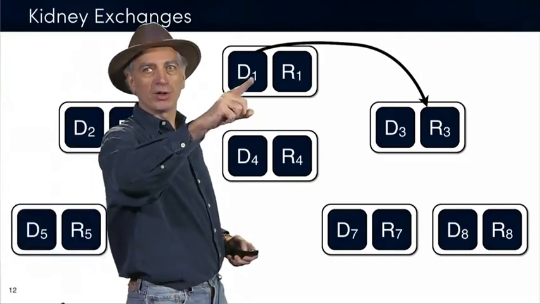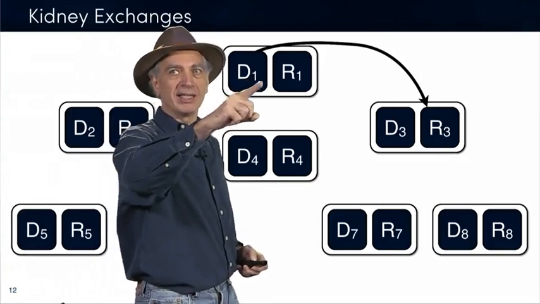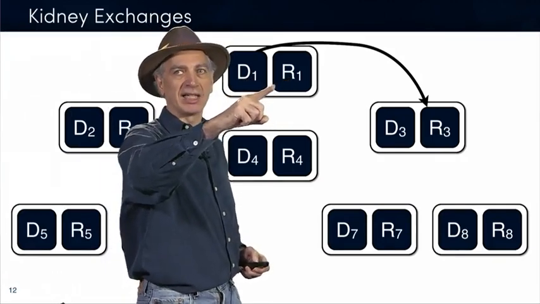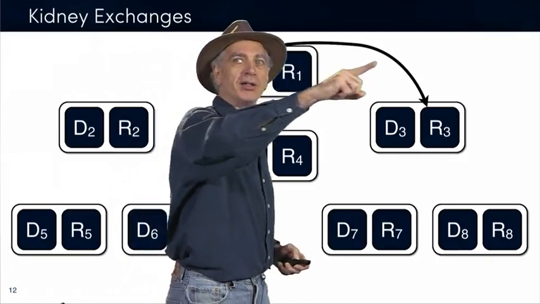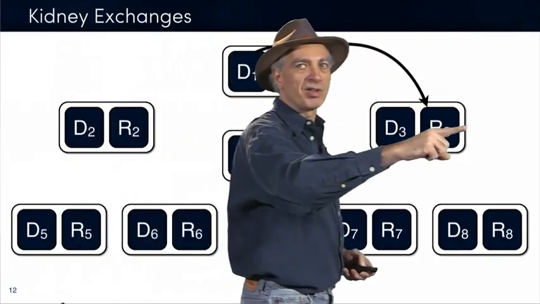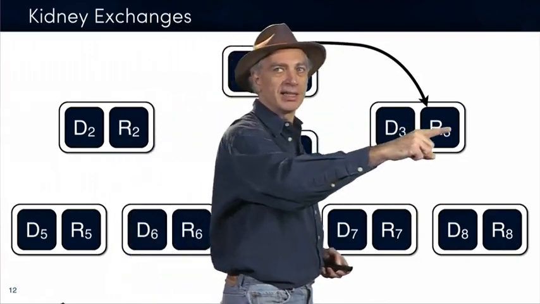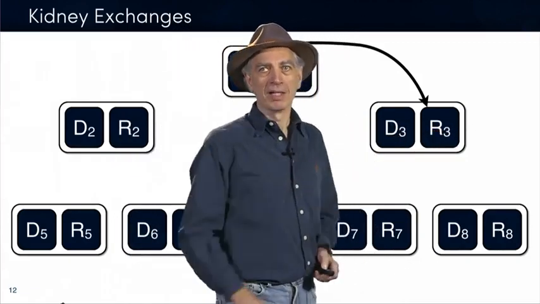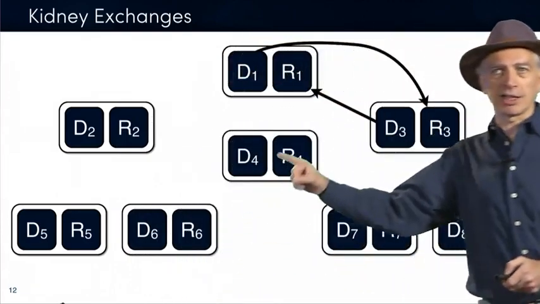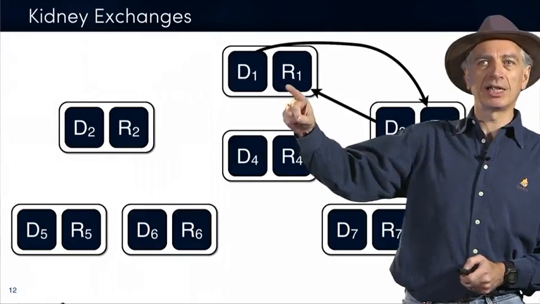Here a donor and a receiver: this person is willing to donate a kidney, and this person needs a kidney. When I have an arrow here, it means that this donor is compatible with that receiver. So this donor can give her kidney to this person. And you're going to see another set of arrows here. This particular donor can also give a kidney to this receiver.